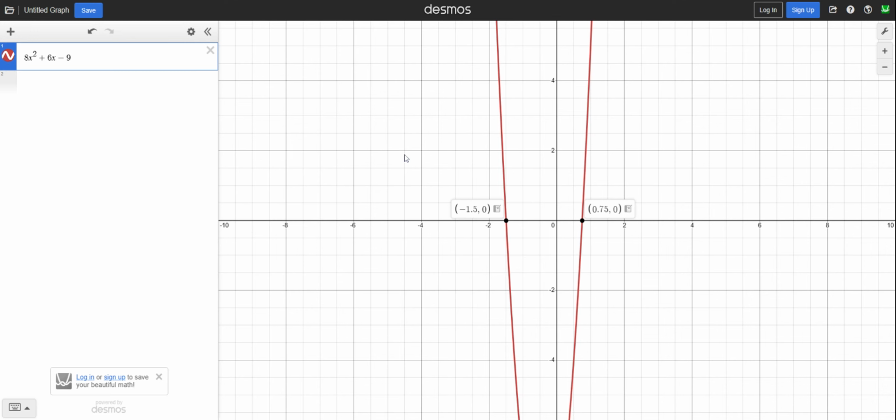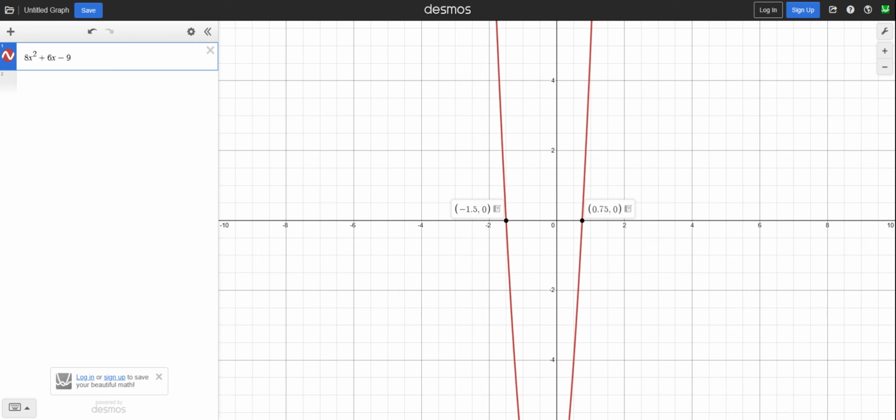I like that very much. So it already has your answer for x equals 2. All you have to do is write negative 1.5, comma, 0.75.